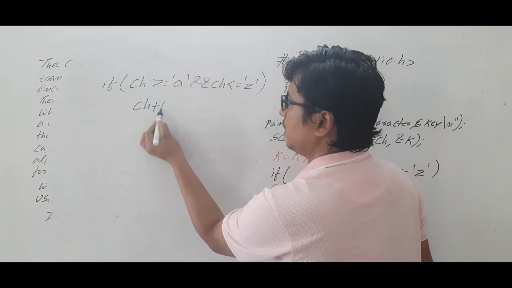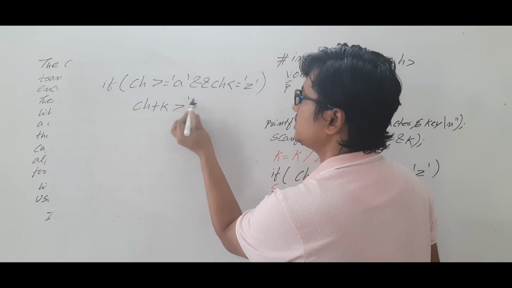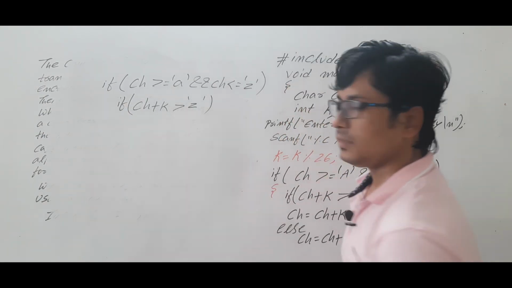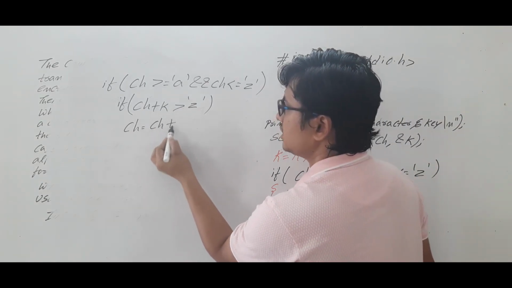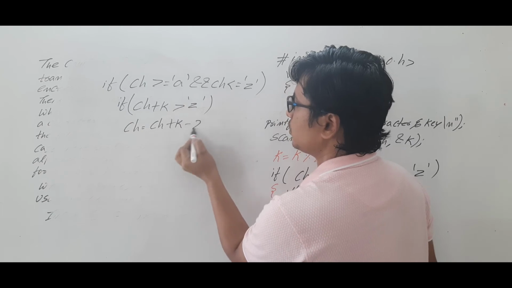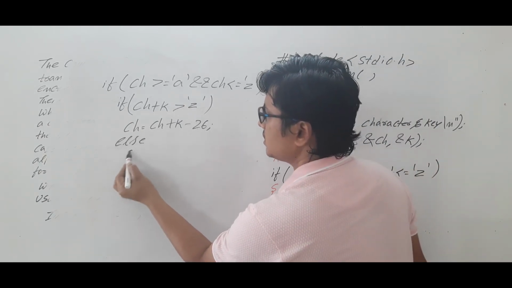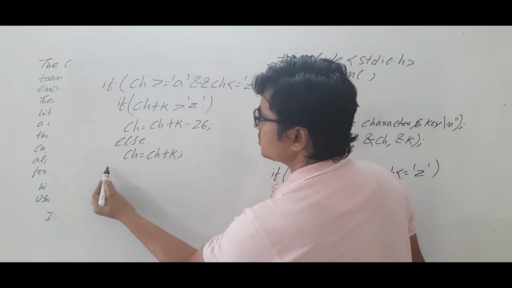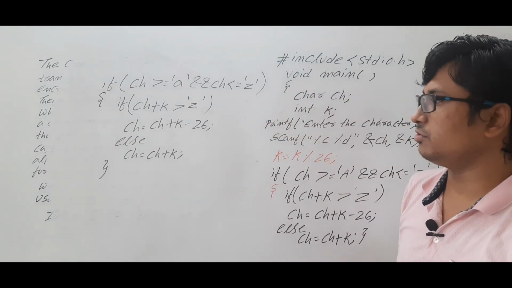You have to perform ch plus k, but you need to check whether it is greater than small z or not. So you will write an if condition. If this condition is true, you will perform ch is equal to ch plus k minus 26. Else you will simply perform ch is equal to ch plus k. You close this if block. You have to open this if block and you have to close this if block.